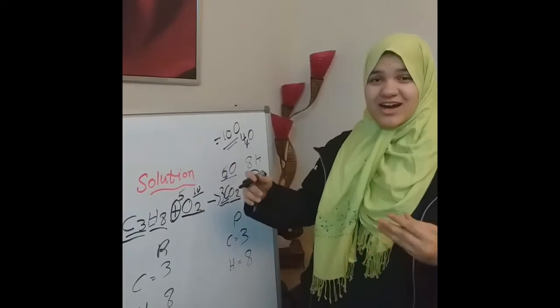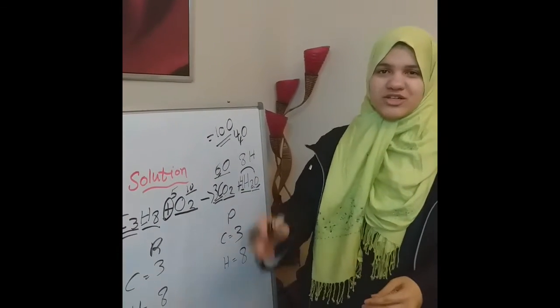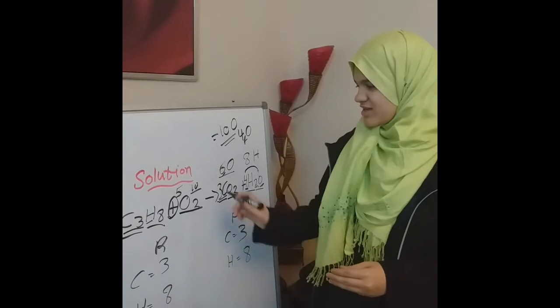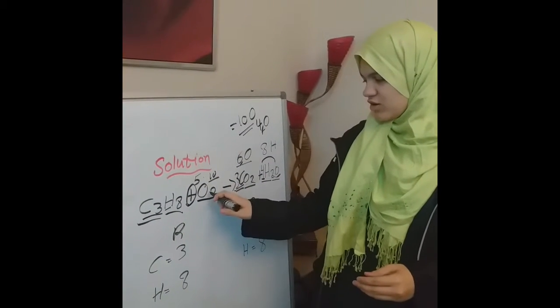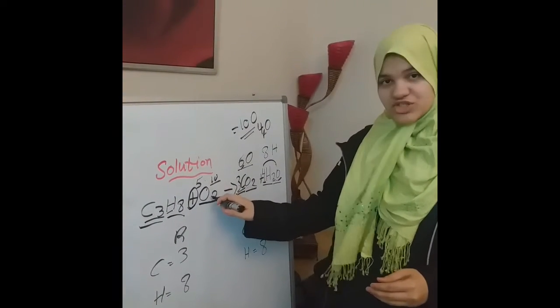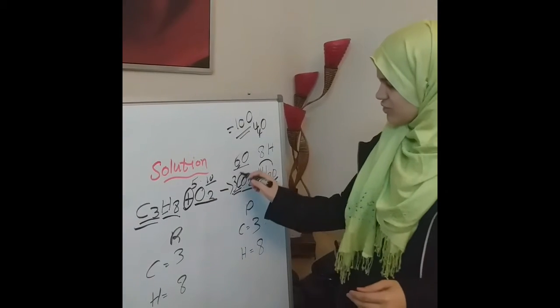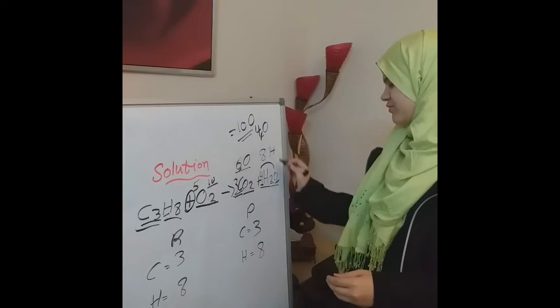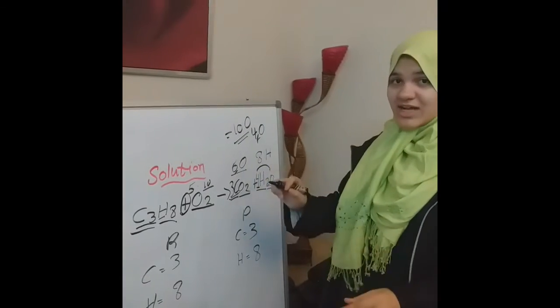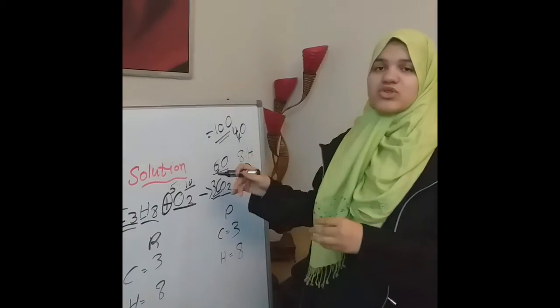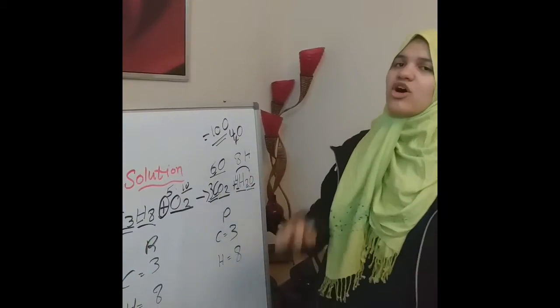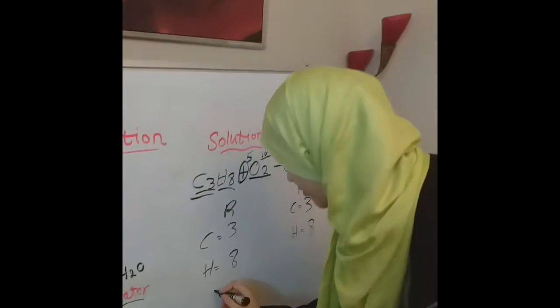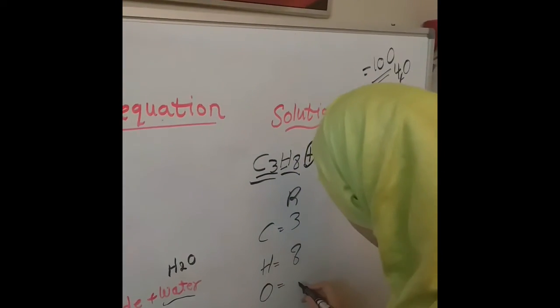That means they are now balanced for oxygen. There are 10 atoms of oxygen here, and here we have 6 atoms and 4 atoms of oxygen. After we add 6 plus 4, it is equal to 10 atoms of oxygen. That means oxygen is balanced, which is 10.